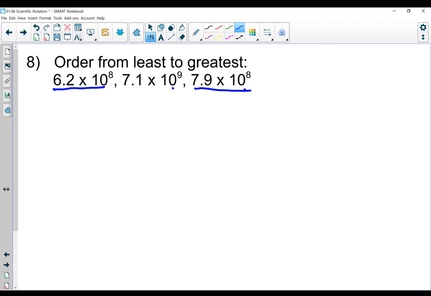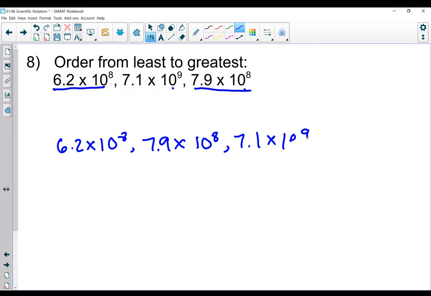So we have to figure out between these two which one's smaller. So 6.2 is definitely smaller than 7.9. So first will be 6.2 times 10 to the 8th. Then we'll have 7.9 times 10 to the 8th. And then 7.1 times 10 to the 9th. 9th power is my biggest exponent there, so that's going to be my biggest number.